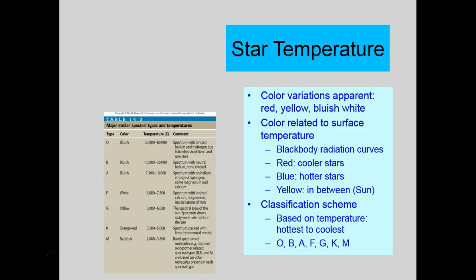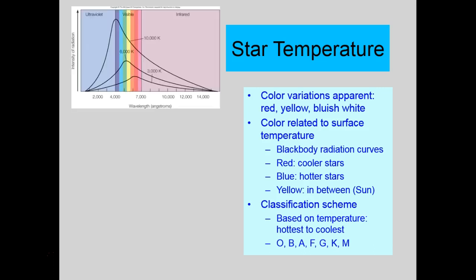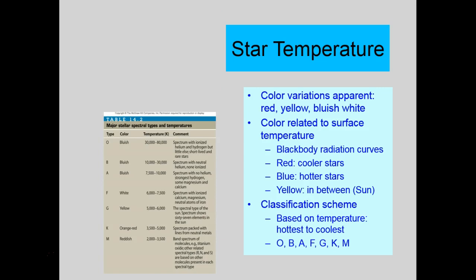Okay. So let's look at some of those ranges. Now, I said the hottest stars were 10,000. That's what they showed here. I was wrong. The hottest stars, these O stars, are 30,000 to 80,000 K. And this is surface temperature. This isn't core, surface.